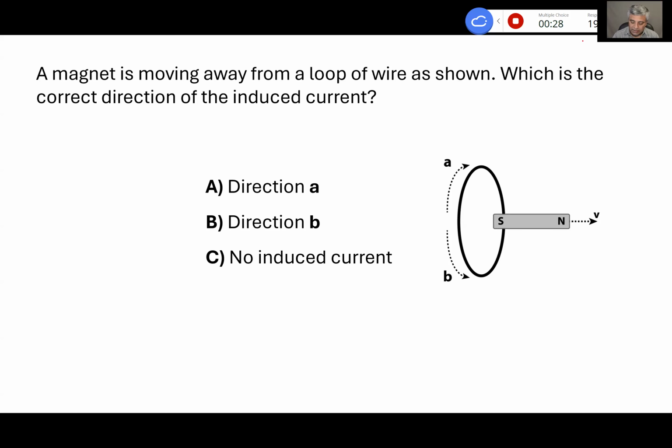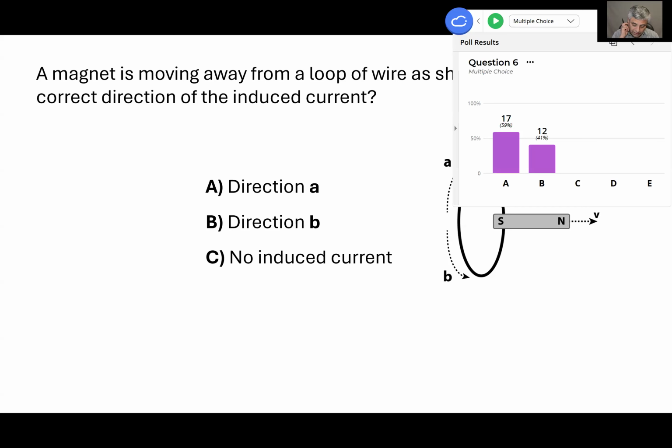Thirty more seconds. And 5 more seconds. 5, 4, 3, 2, 1, and it stops. Let's see what we got.